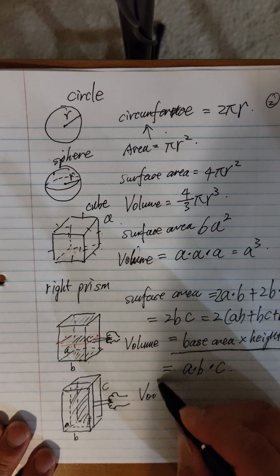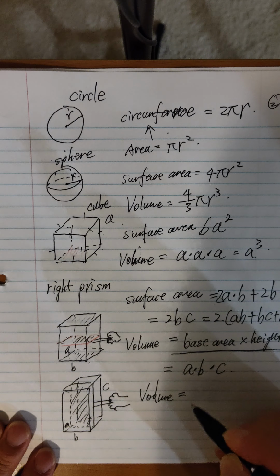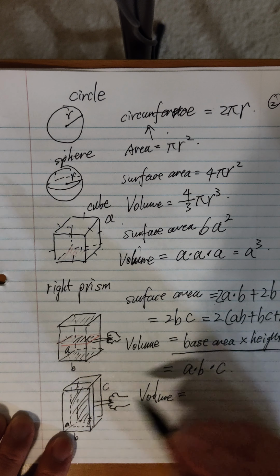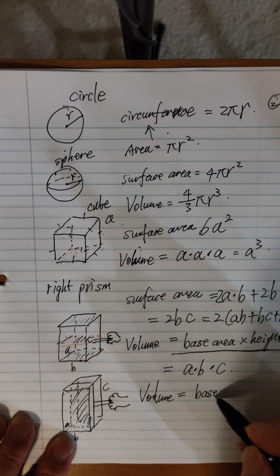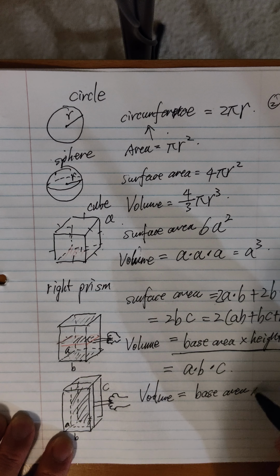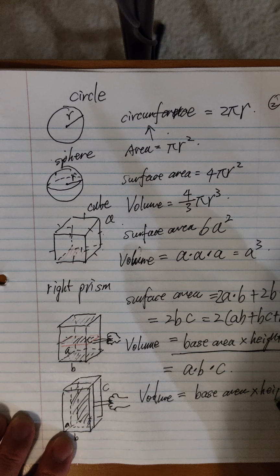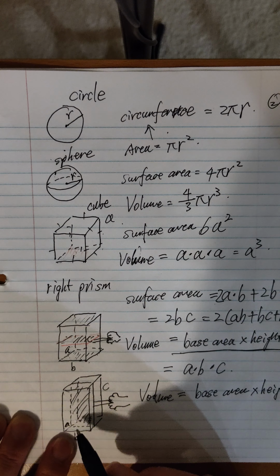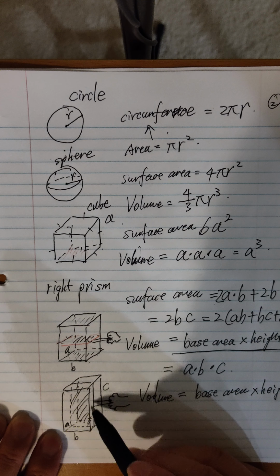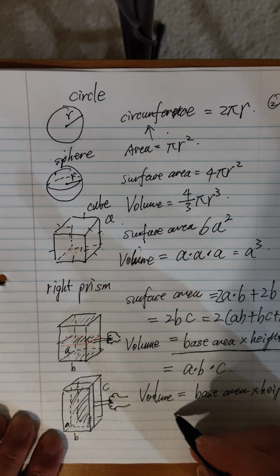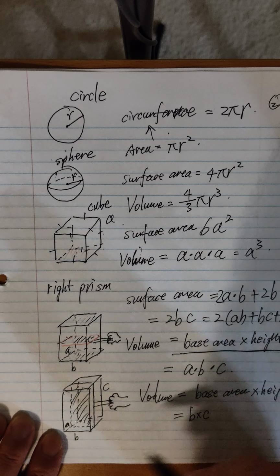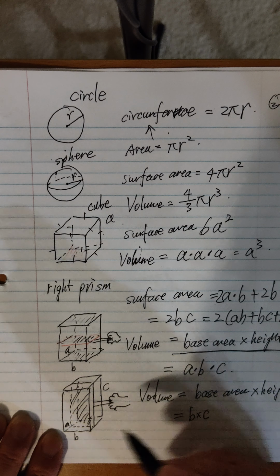So the volume equals the base area times height. Notice the base area is B times C, and the height in this case is A.